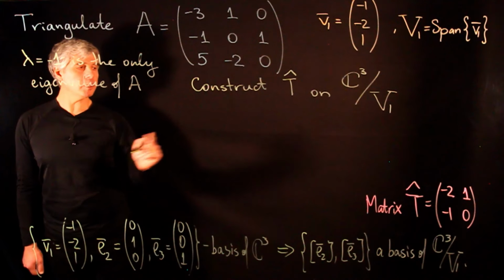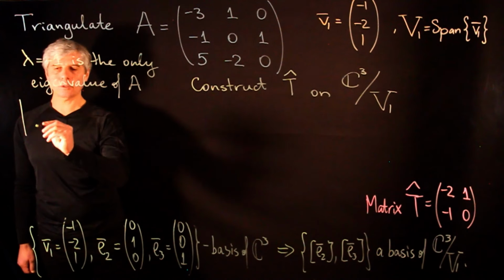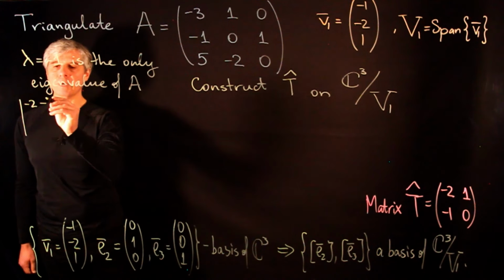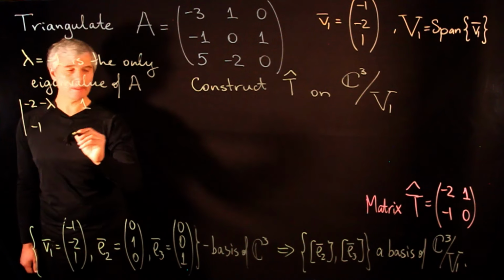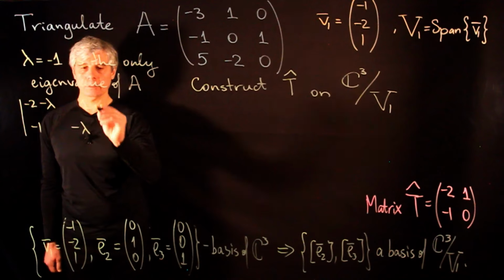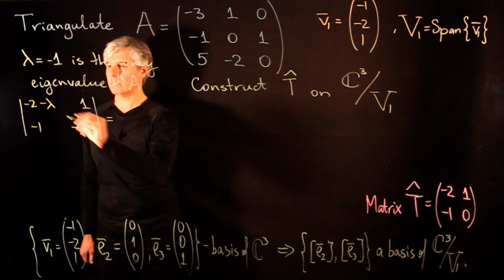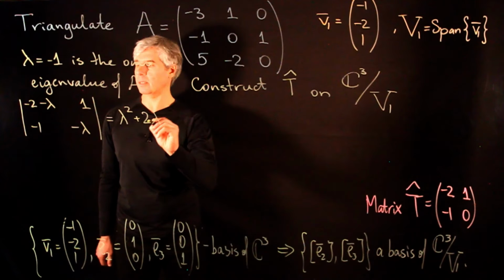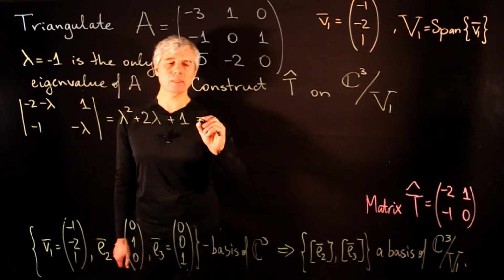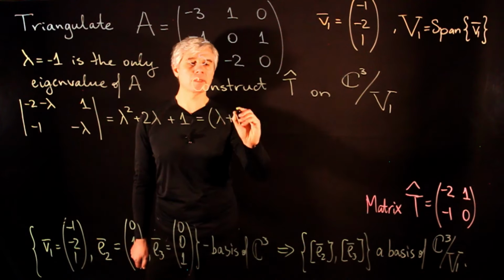The characteristic polynomial of this matrix is the determinant of -2 minus lambda, 1, -1, minus lambda. So this is going to be lambda squared plus 2 lambda plus 1. And this is lambda plus 1 squared.